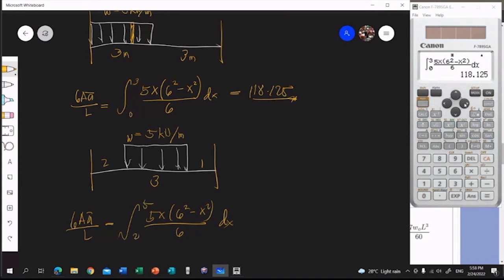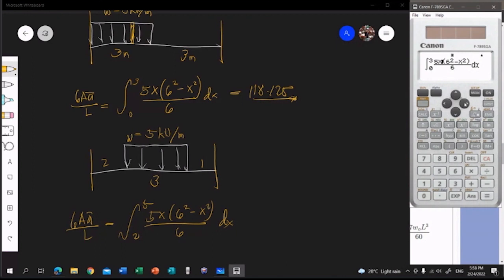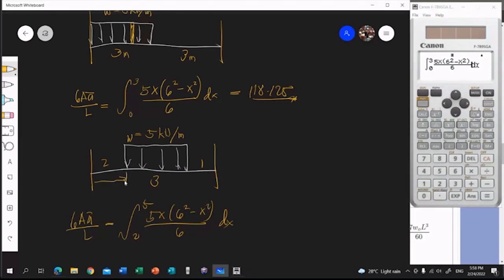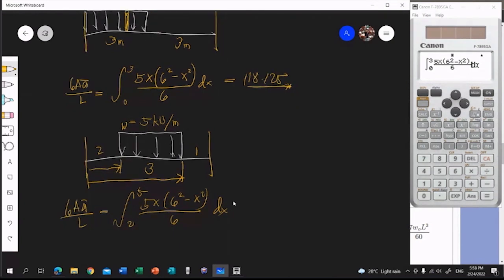Do you understand? Your loading is from 2 to 5, not 0 to 3. Did you see?